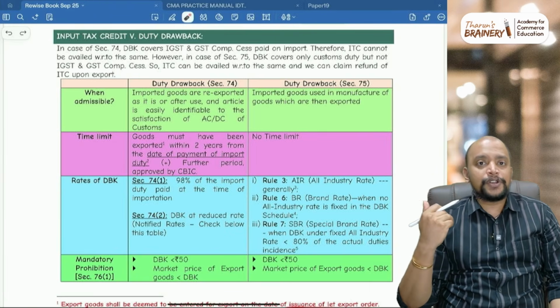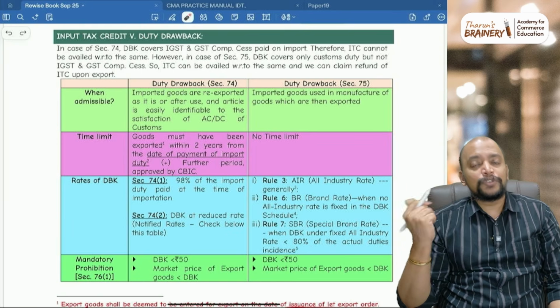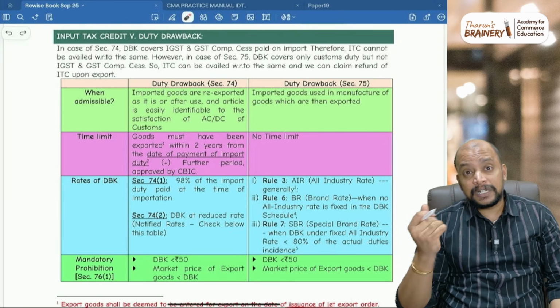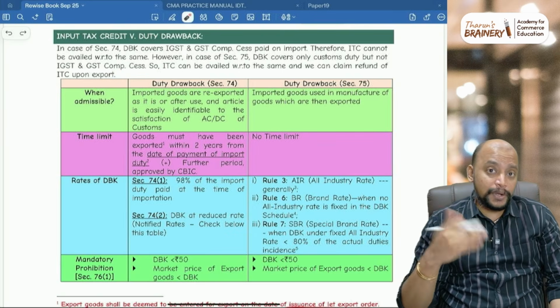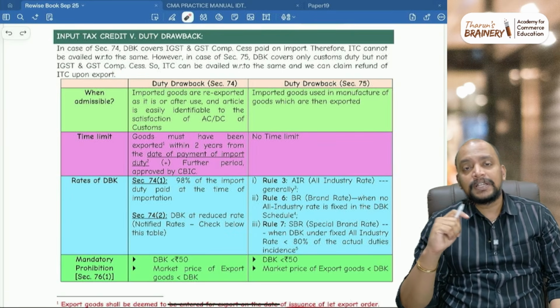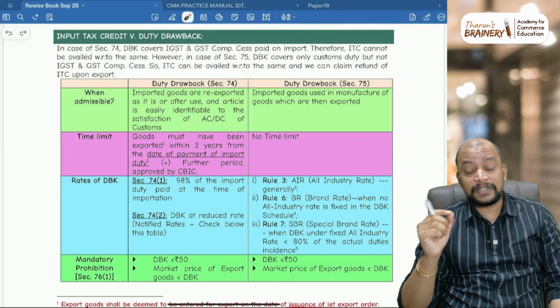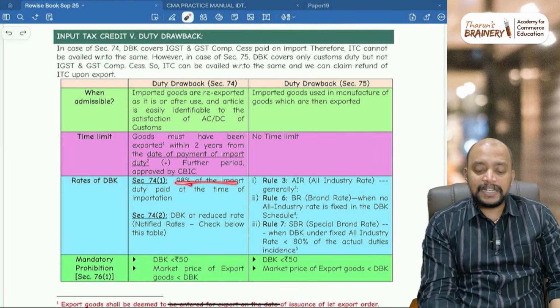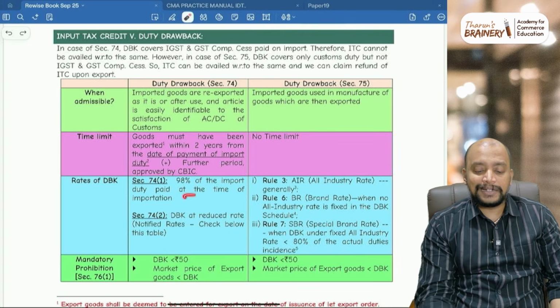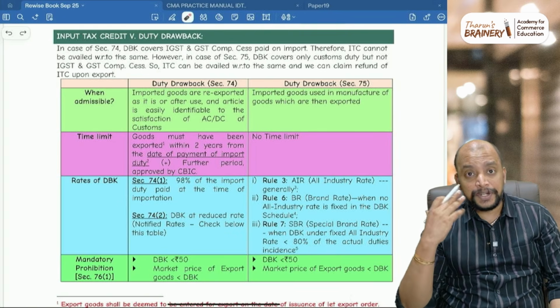Then rates of duty drawback. In case of 74.1, imported goods are exported as such without use. In that case, 98% of the total import duty paid at the time of importation you will get as duty drawback.